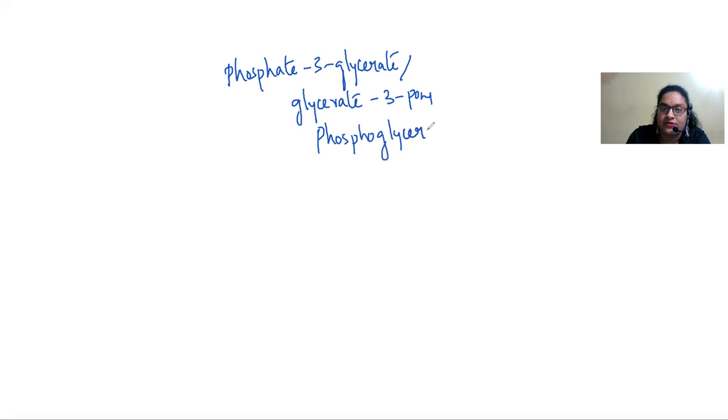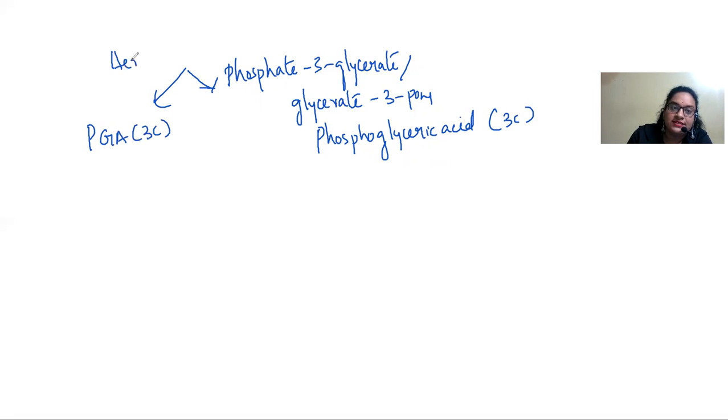It is comprised of three carbon atoms, and two molecules are formed. So this is also phosphoglyceric acid, a three carbon atom compound from the hexose sugar, which is an unstable sugar.